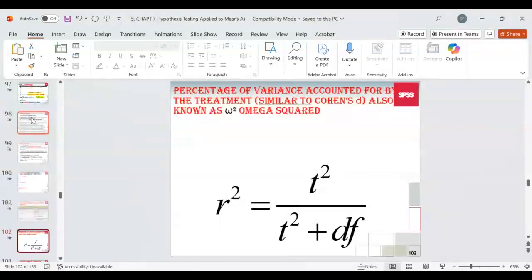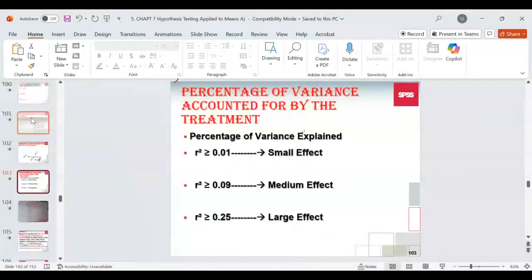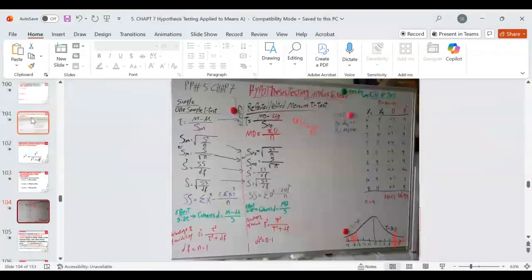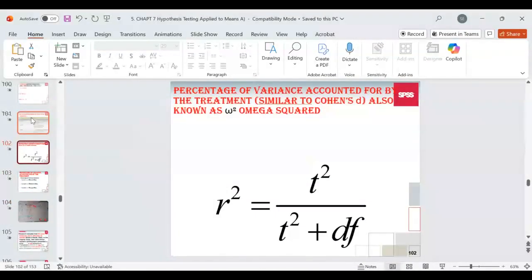So again, we went over all these. We talked about them in the previous chapter. They are the same here. Like here, R squared, the percentage of variance accounted for by the treatment. It's similar to Cohen's d, also known as omega squared. So we talked about this.